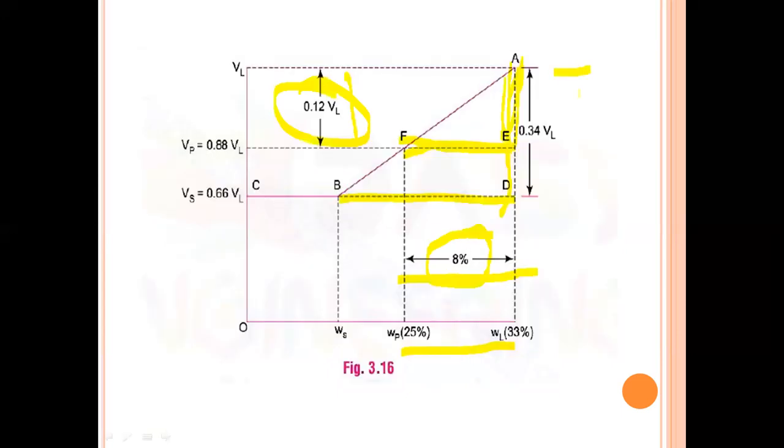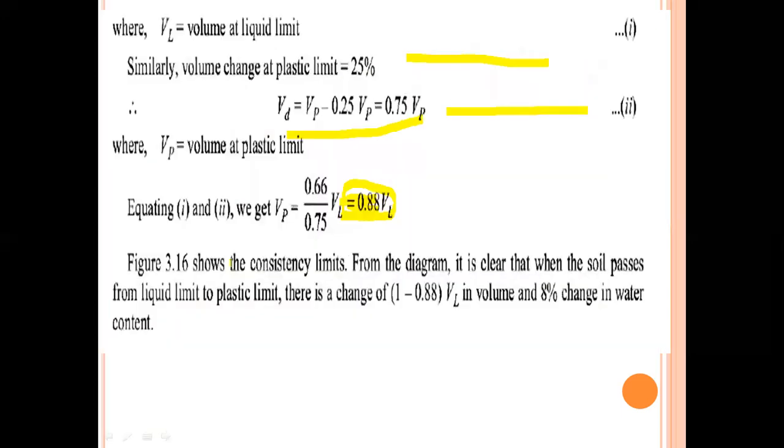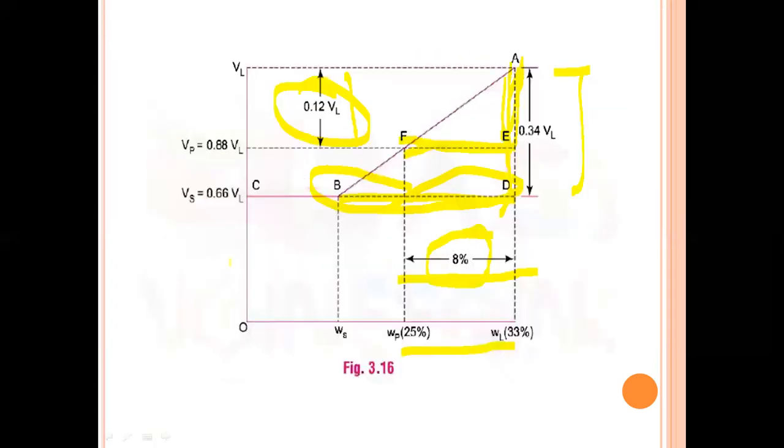It is height 0.34 VL. Then find out the BD value. So BD equals 22.6 percentage, and WS equals WL minus 22.6 percentage, that equals 33 minus 22.6, that equals 10.4 percentage. It is the shrinkage limit WS.